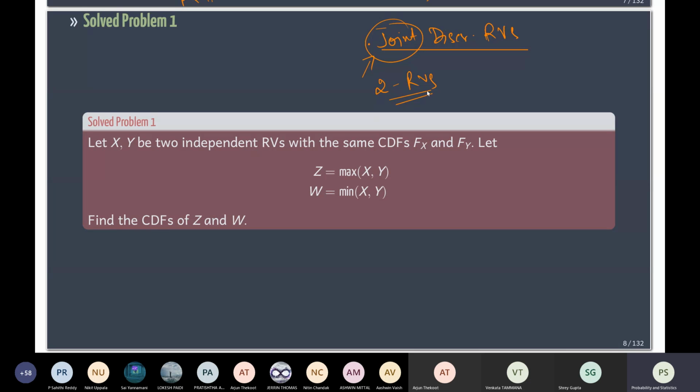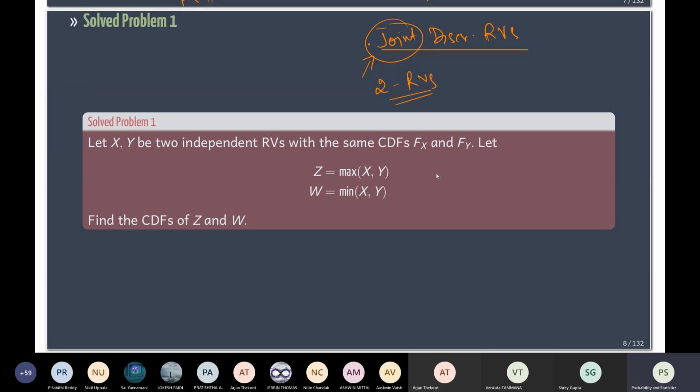So this is a set of some solved problems in this chapter. Let us see problems like this, where we are given X and Y to be two independent random variables with the same CDF, given as fx and fy, and let Z be defined as this, and let W be defined as this.